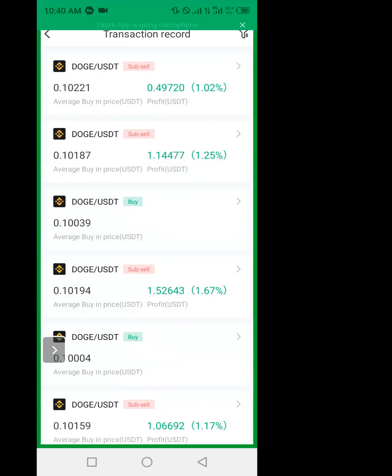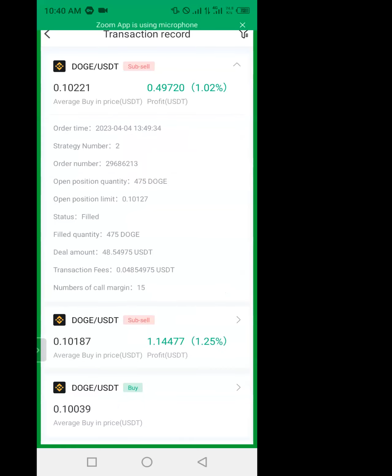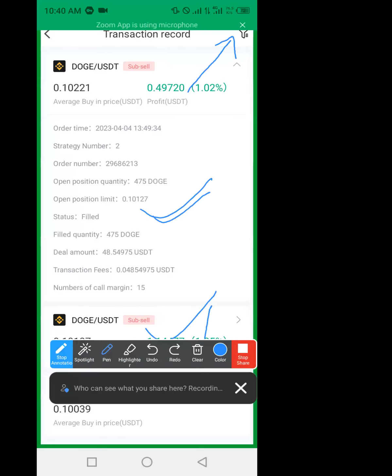And then you can as well be looking at if it's sold, it will tell you what it has sold. And when you click on sub sale, it will give you the details that this sale was for.